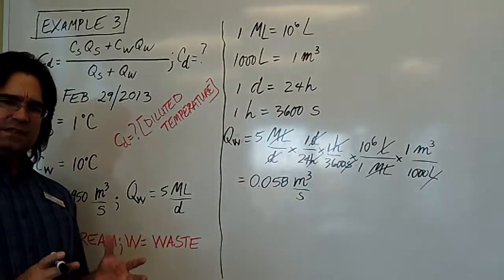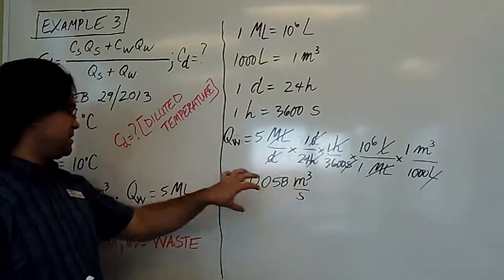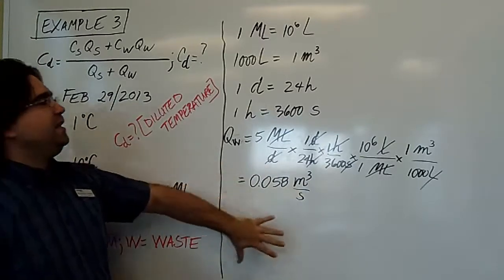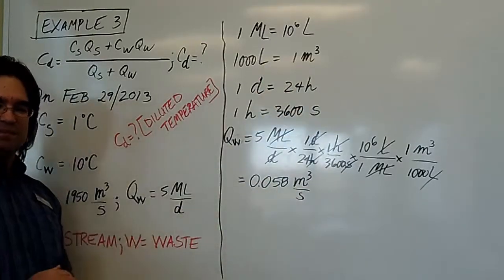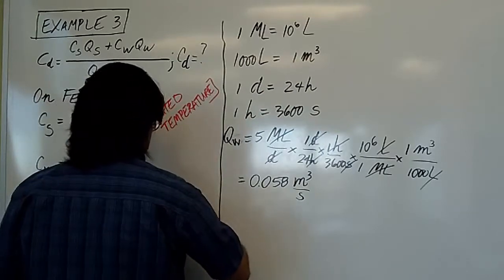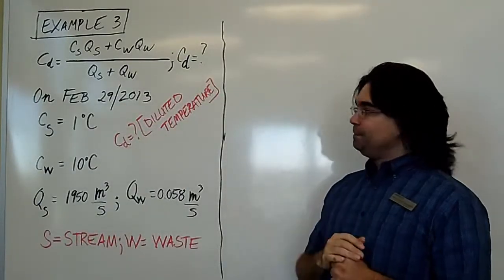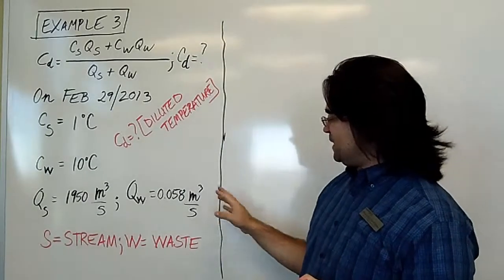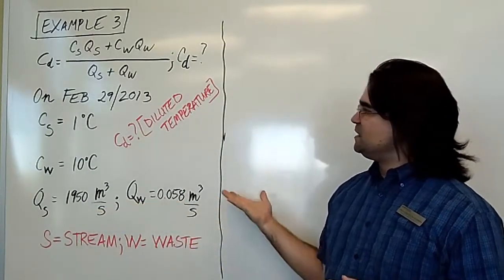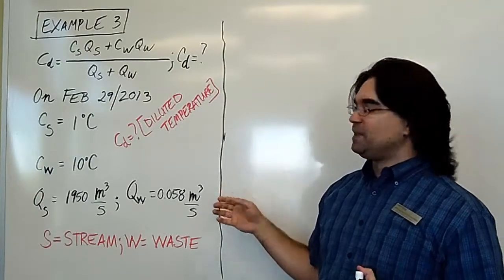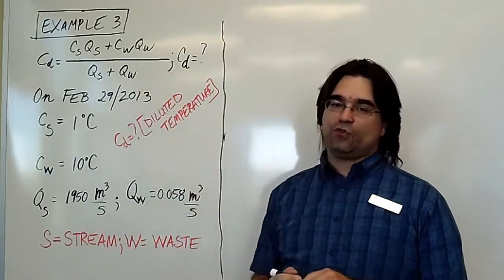Now to keep things neat and tidy, I'm going to transfer this over here and then erase this precious real estate. Voila. Now I confirmed that everything is in good units. Yes, it looks like I confirm that I have everything that I need to solve this formula.